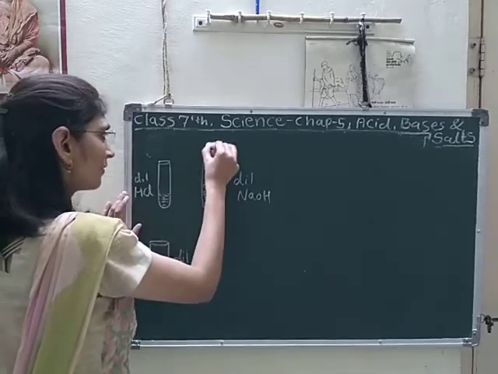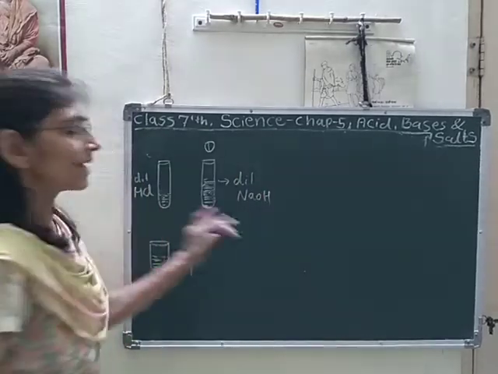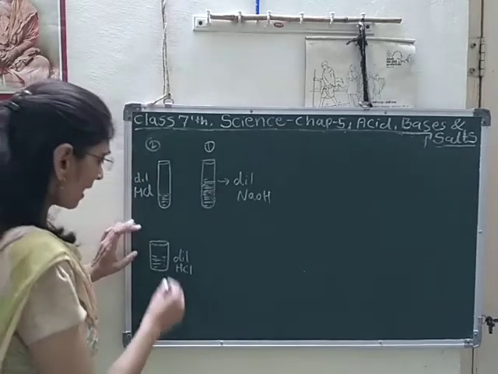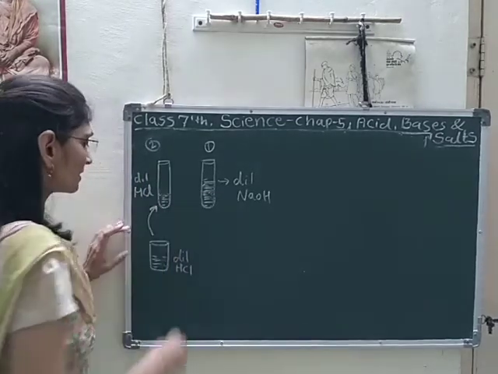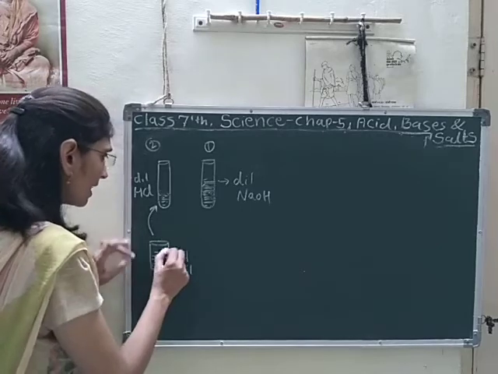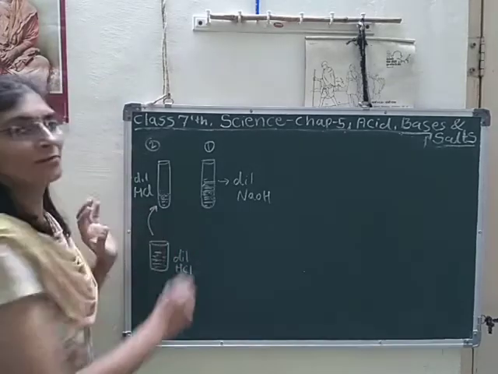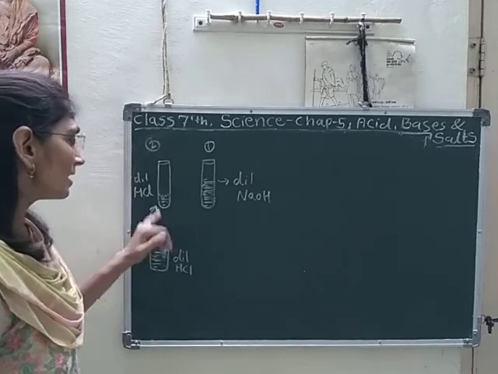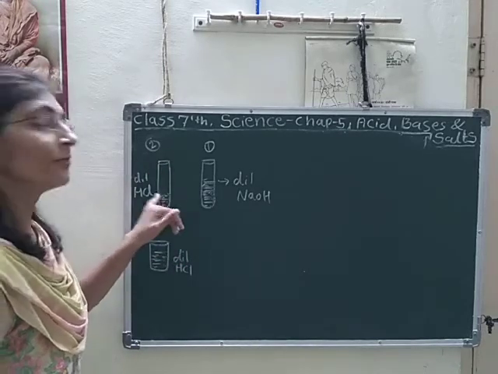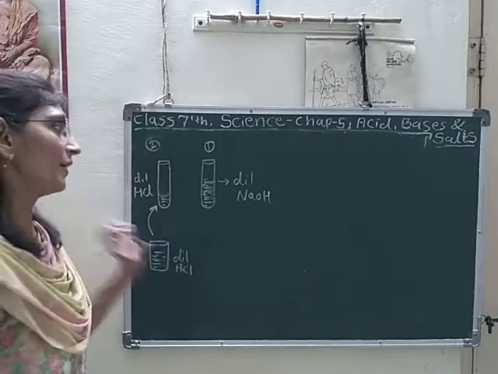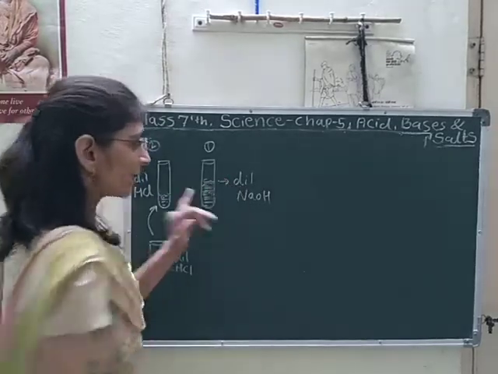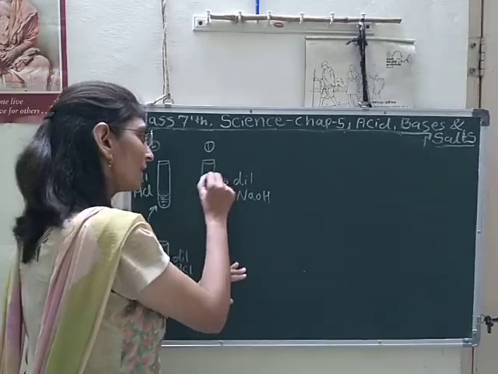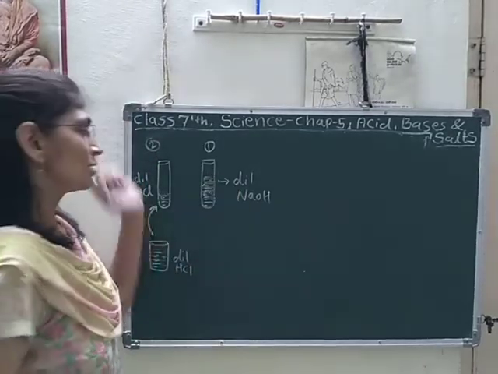Sorry, this is the first test tube. It is filled with dilute NaOH, and in the second test tube I have taken dilute HCl from this beaker, filled to a quarter in quantity. This one has dilute sodium hydroxide solution, more in quantity. We have to use this.